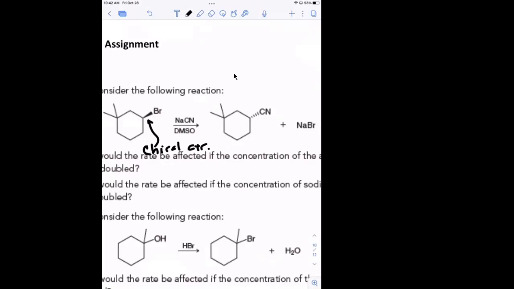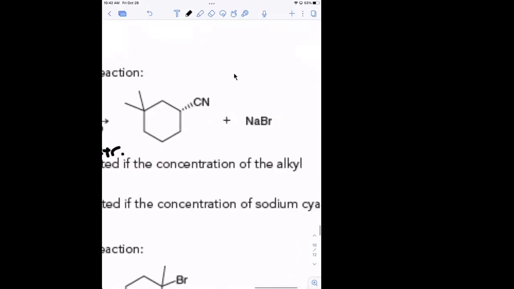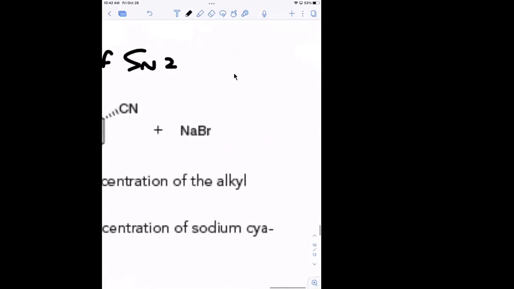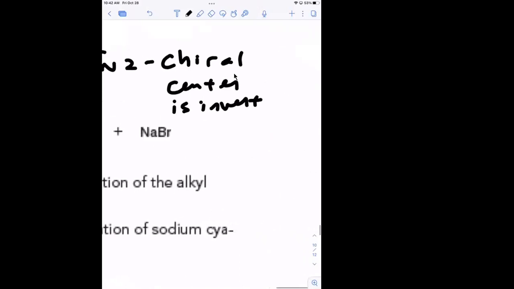So if the reaction is SN2, the chiral center gets inverted in the product.